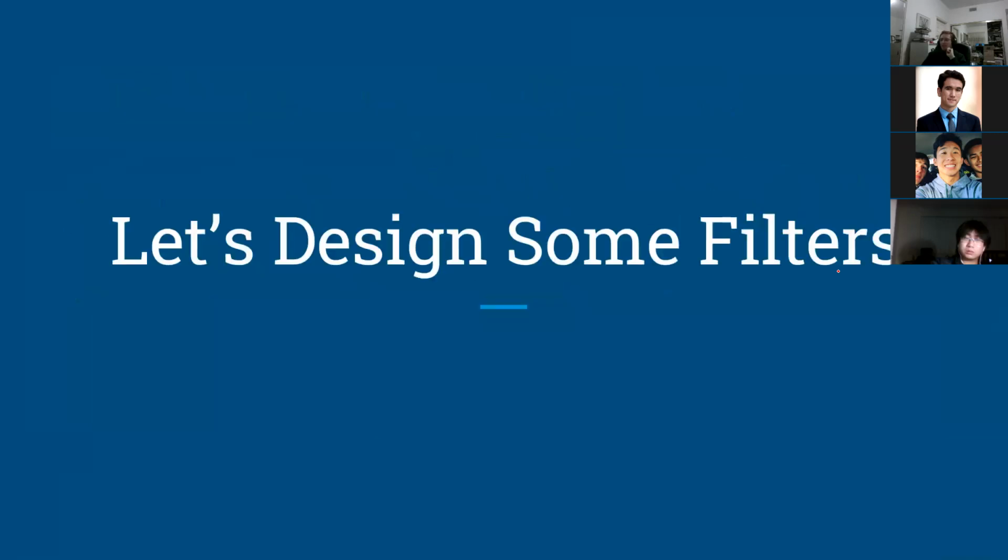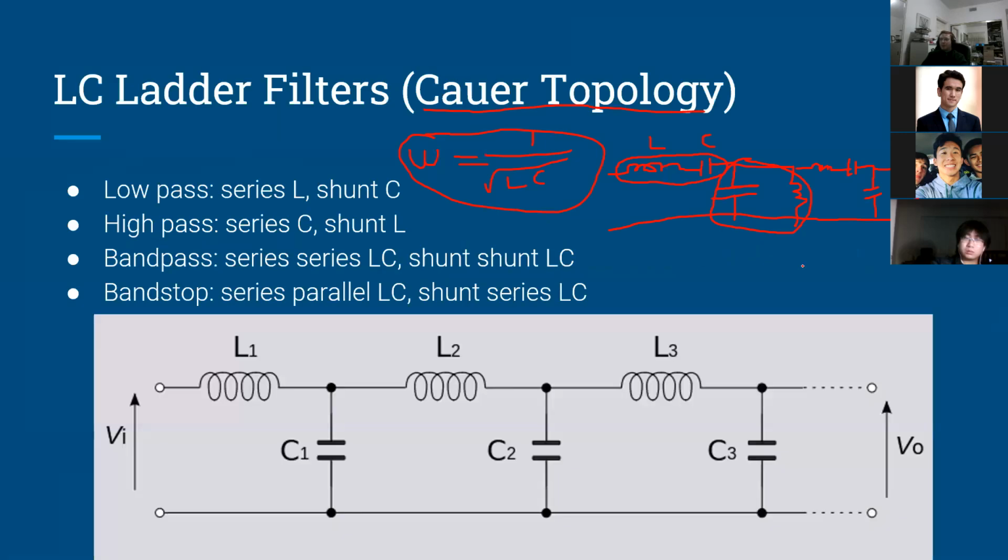let's design some filters. It's possible to design it by hand, where you write out the LC ladder, find the transfer function, solve for the poles, and then set the poles exactly to what they need to be based on whether you're choosing a Butterworth filter or a Chebyshev filter and so on.